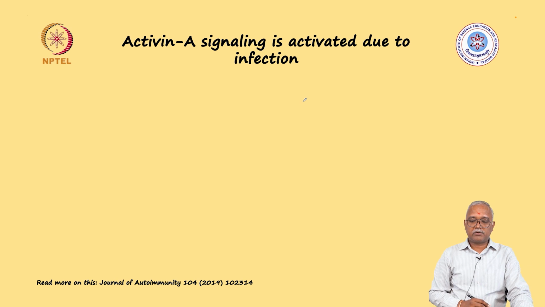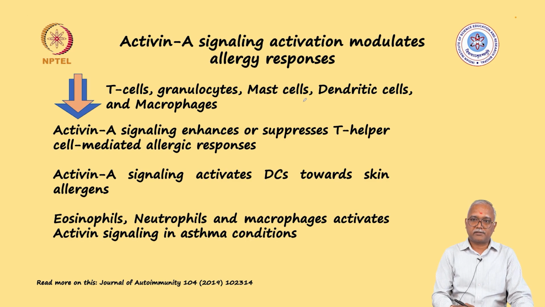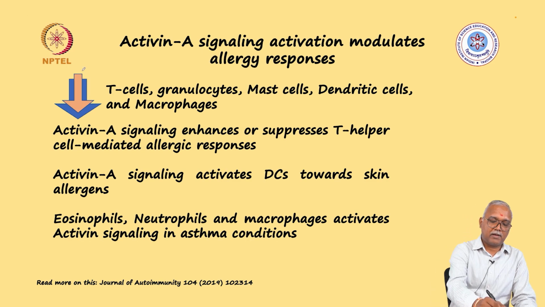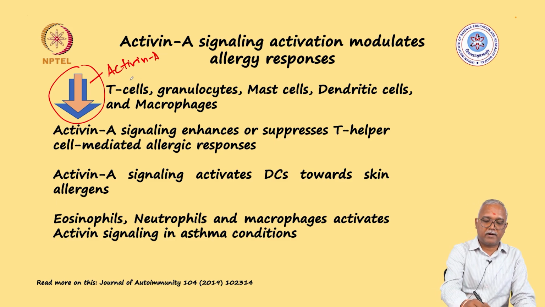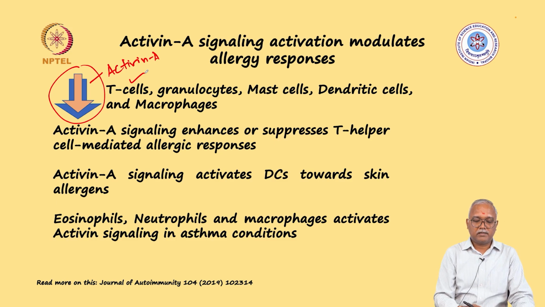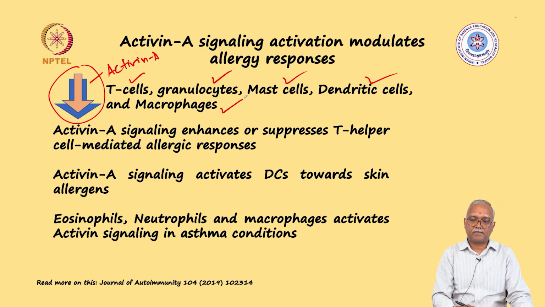Now let's talk about this activin signaling which is happening in case of allergic responses. So here, the same activin-like molecule, this is activin A. Allergic responses are dependent on specific cell types: T cell types, granulocytes, mast cells, dendritic cells and macrophages.